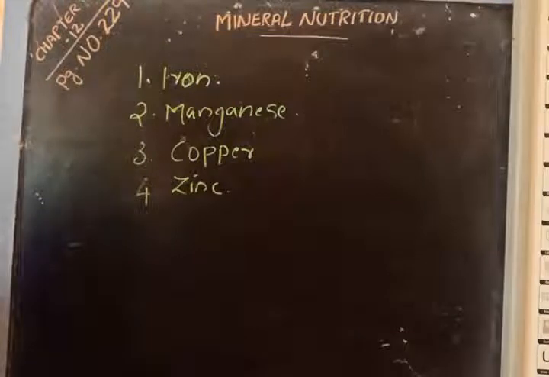Zinc. Zinc is the essential nutrient for the synthesis of indole acetic acid, that is auxin, and it is an activator of the enzymes carboxylases, alcohol dehydrogenase, lactic dehydrogenase, glutamic acid dehydrogenase, carboxypeptidase and tryptophan synthetase.